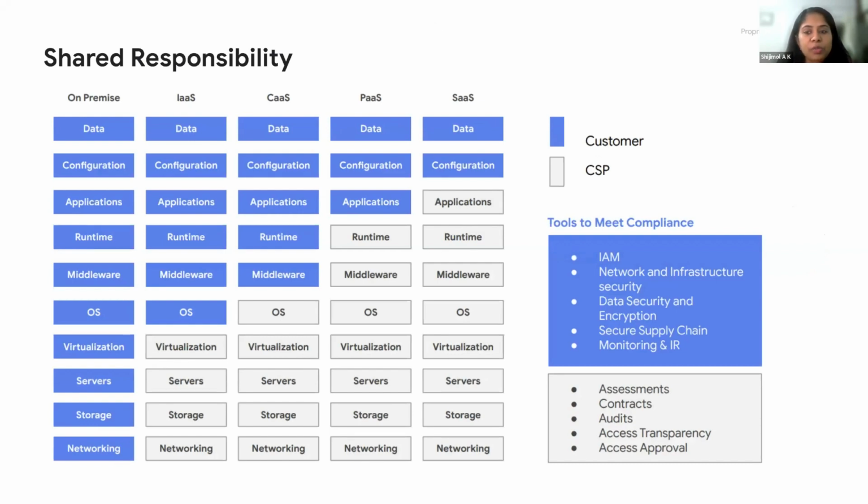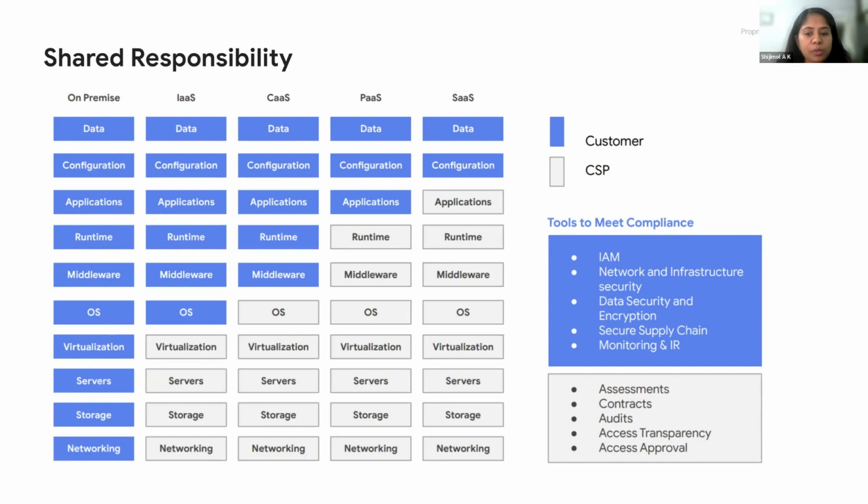I'm sure most of you must have seen this diagram multiple times, but we are talking about it from a security context. From the context of security, when it comes to on-premise, IaaS, container as a service, platform as a service, and software as a service, there are certain responsibilities of the cloud service provider and certain responsibilities of the customer.